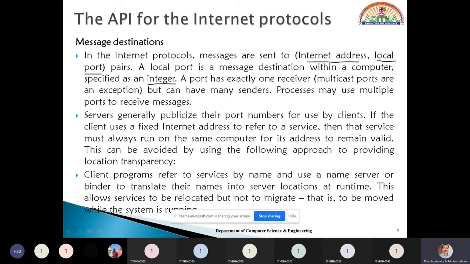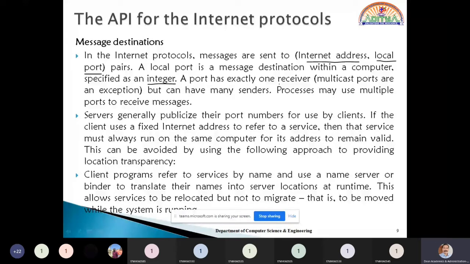This port has exactly one receiver, except for multicast ports. I'm not talking about multicasting; I'm talking about unicasting, where a sender communicates with a receiver. So it's one-to-one communication.